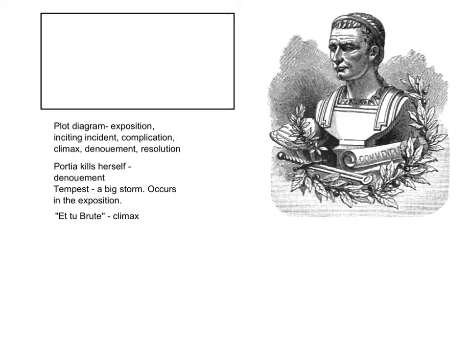The soothsayer says, all right, beware the Ides of March. And again, we know this occurs in the exposition. We find out Cato killed himself. This happened in the resolution of our story.